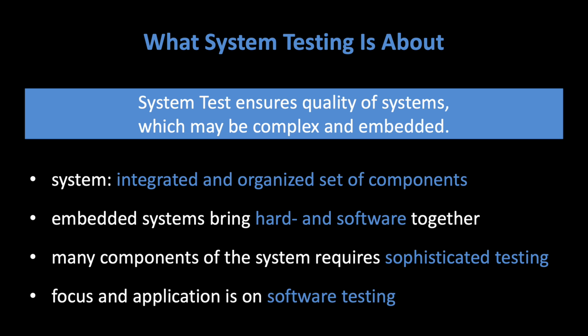And while the principles of system tests can be broadly applied in engineering and development, the focus is on software testing itself. Let's look at some examples of those systems.